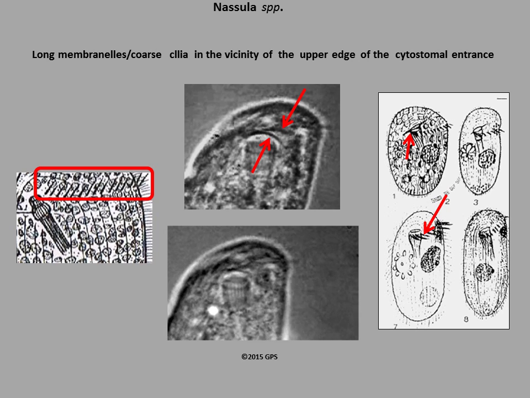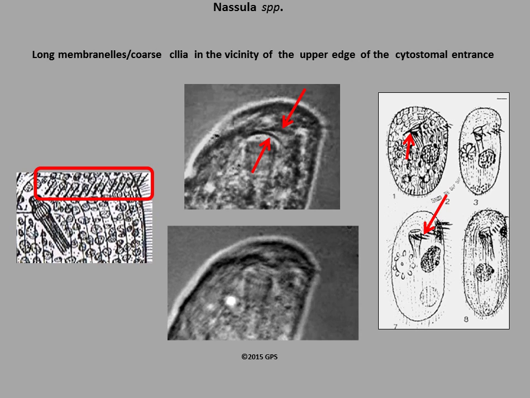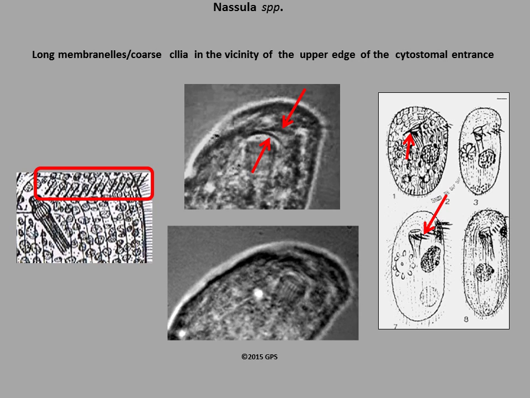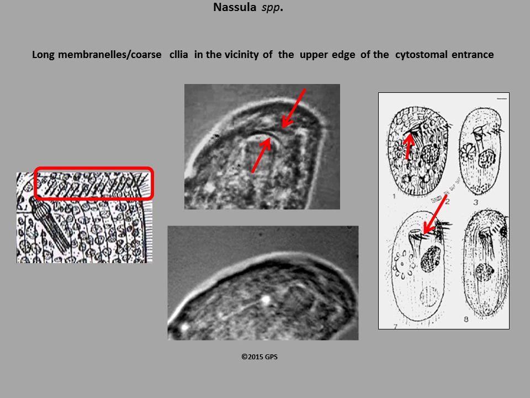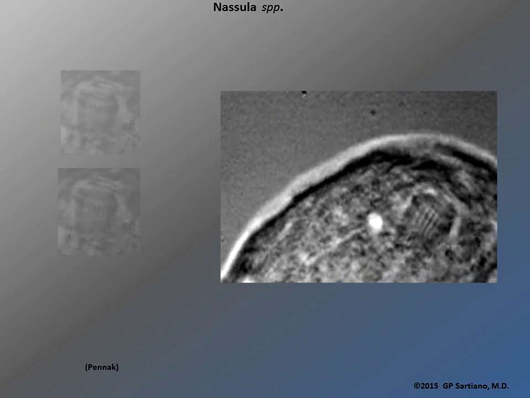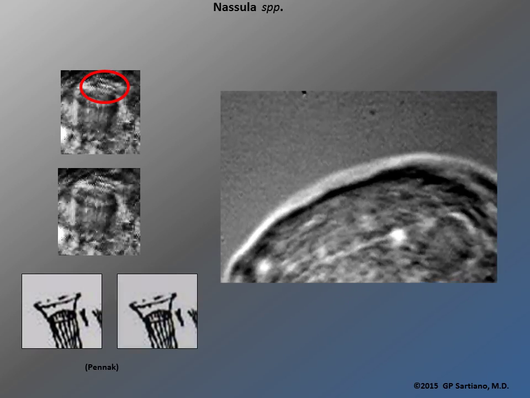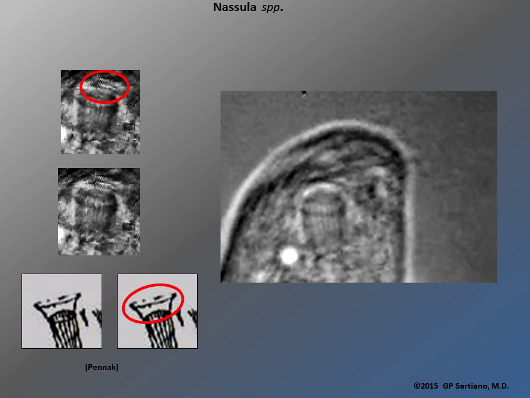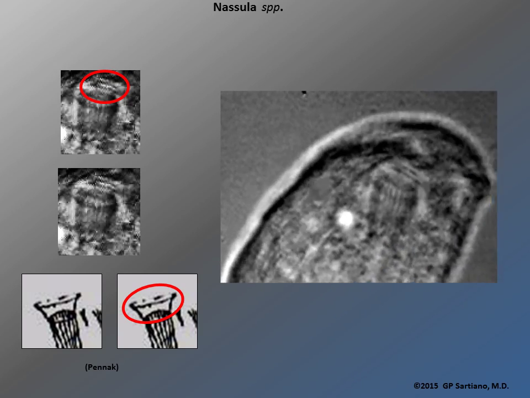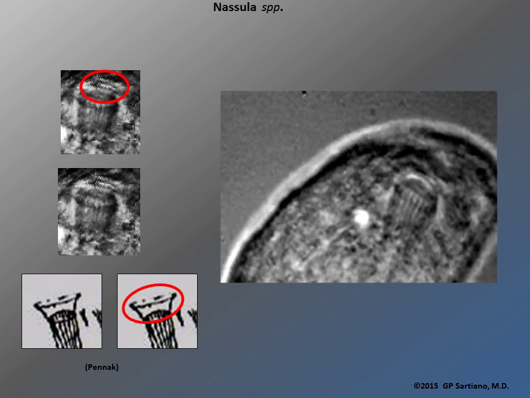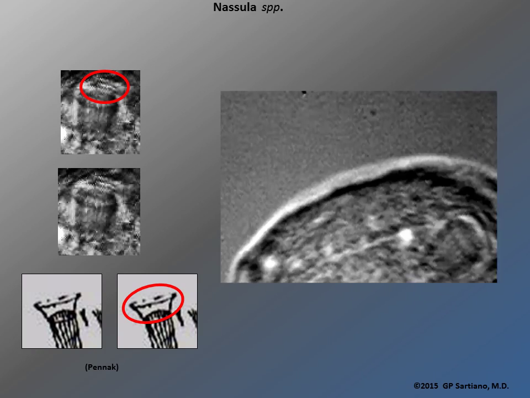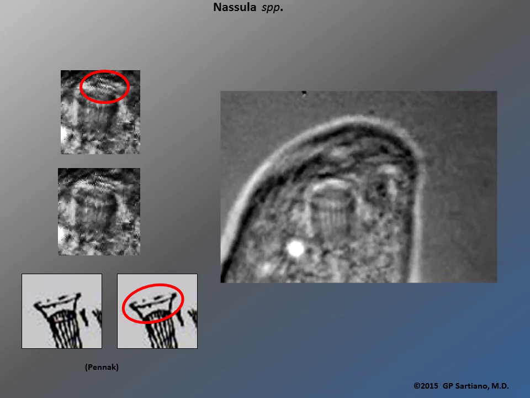In the accompanying video, in the lower middle frame, playing on a loop, one or more of the membranelles can be seen to be moving upwards and downwards in front of the vicinity of the cytostome.